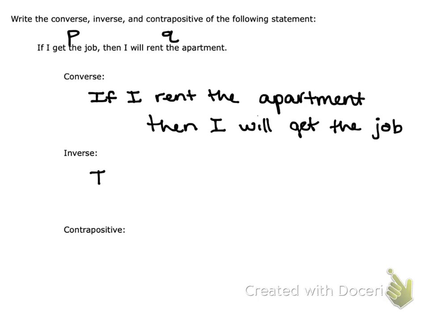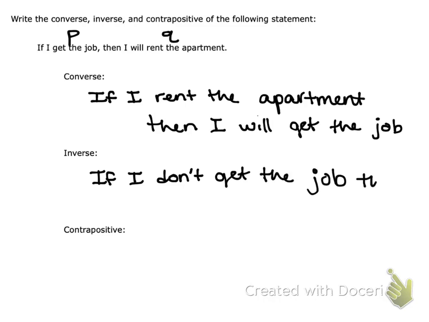So if I don't get the job, then I won't rent the apartment.